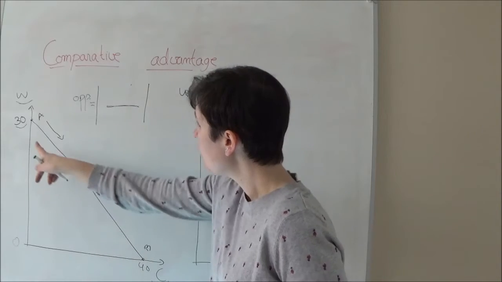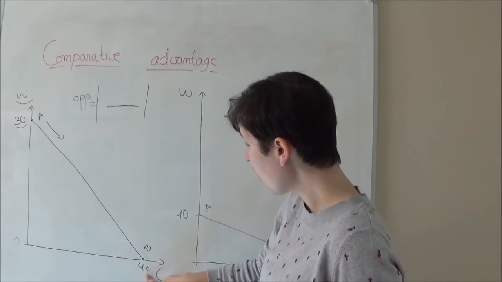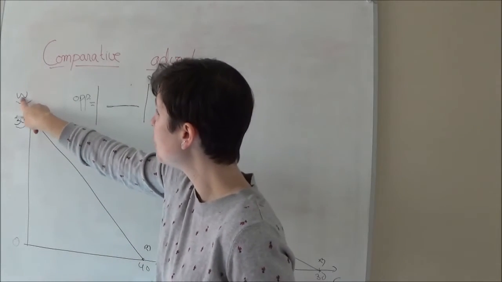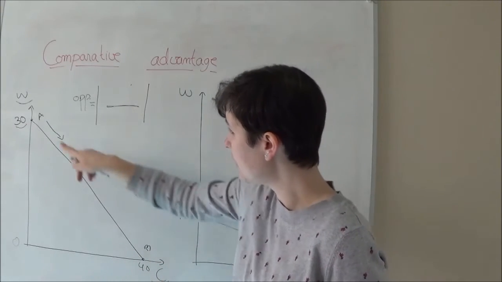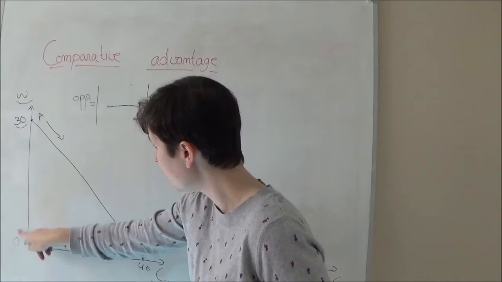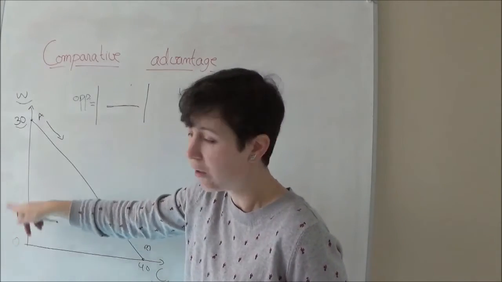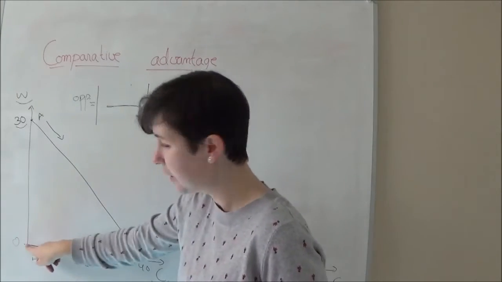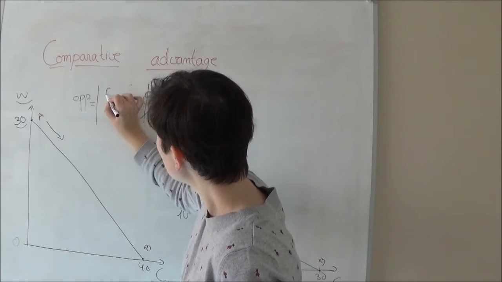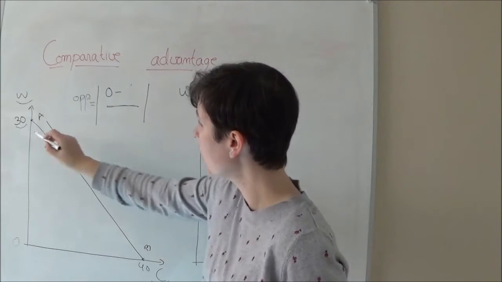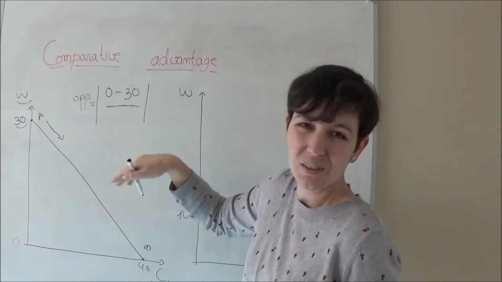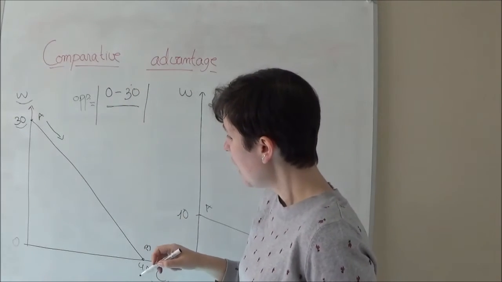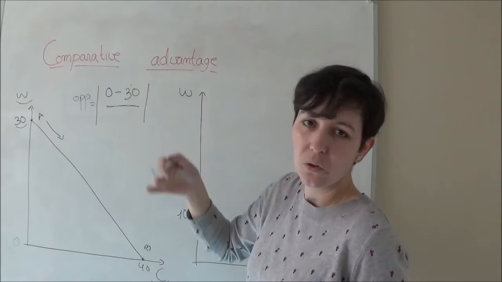So, final value of the good wine is 0, right? Wine here is 0. Wine is in the vertical, and here this point is 0. So 0 minus starting point, it was 30. Because it's in absolute terms, it doesn't matter, okay? That's minus 30, which is going to be positive.